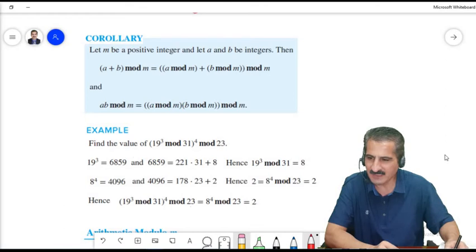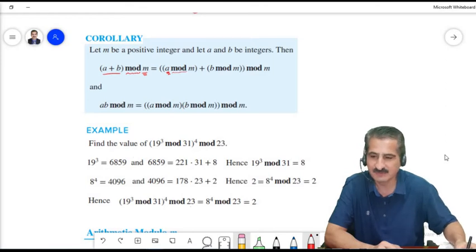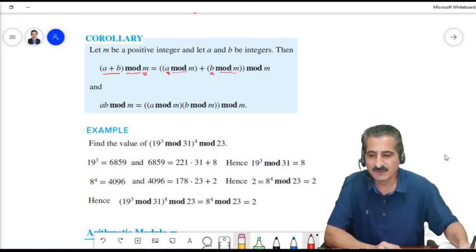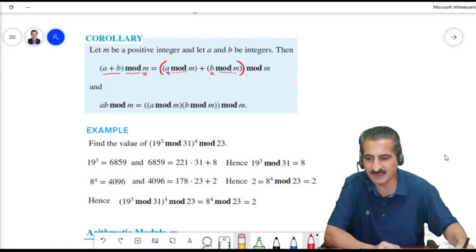If I add two integers and then take the remainder with respect to m, this is the same as taking the remainder of the first integer, the remainder of the second integer, and then adding these remainders. These remainders might be greater than m, so what I do next is take the remainder of this with respect to m, and it will be the same.